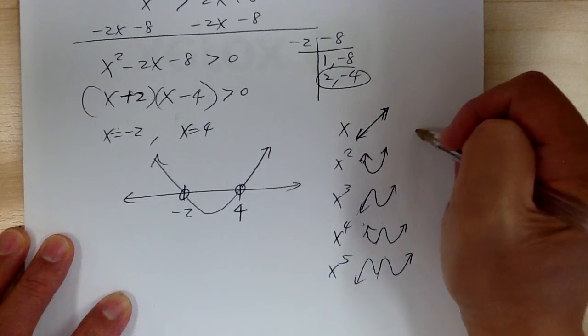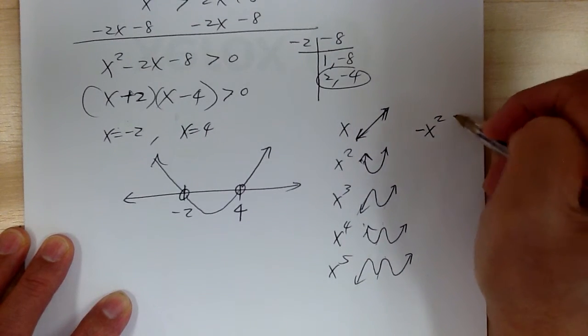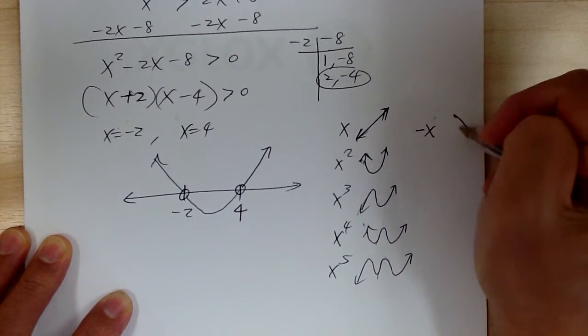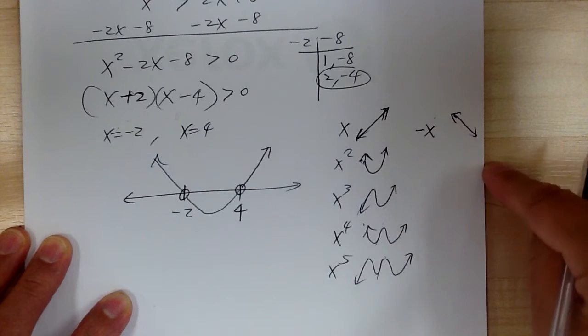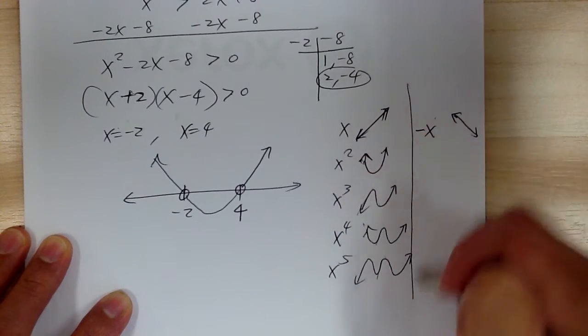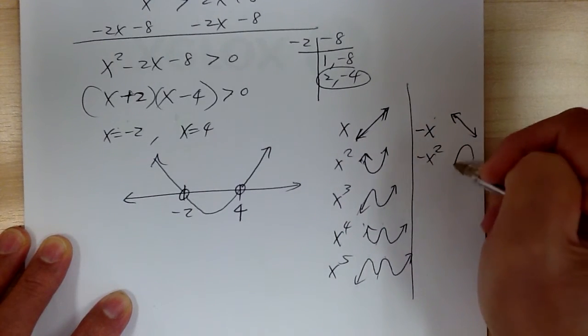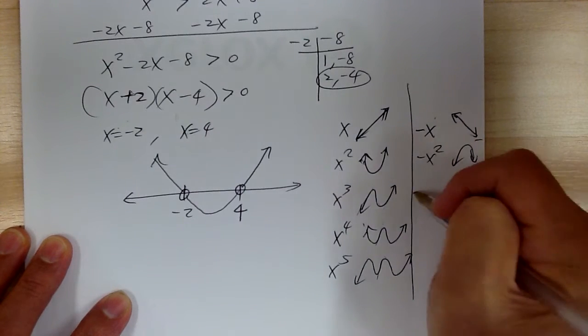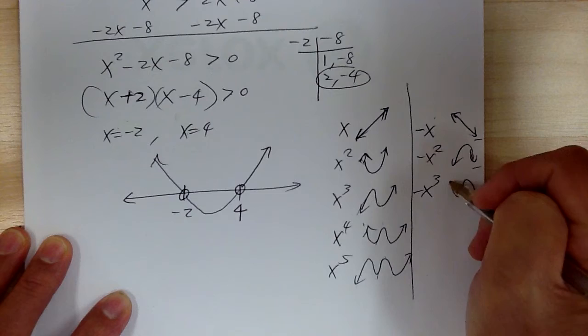Now if you begin with a negative x squared, or negative x, your graph is going to go down like this, because negative is going down. If you have negative x squared, the graph is going to look like this, going down, meaning negative. Negative x cubed is going to go down like this.